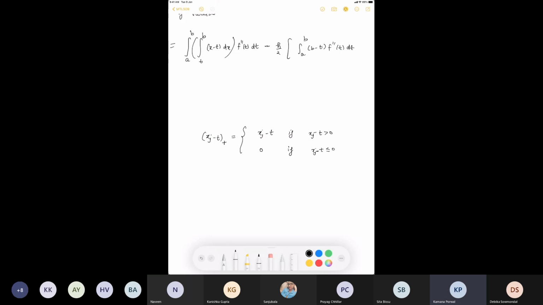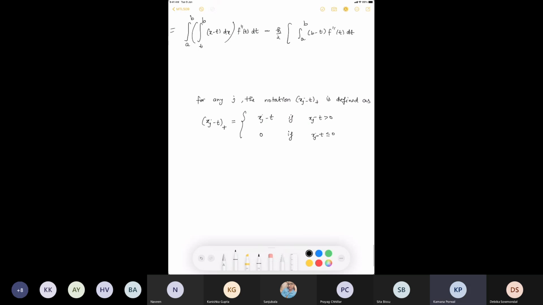So we can define this for any j. I'm going to use this notation, xj minus t plus, which is defined as this.